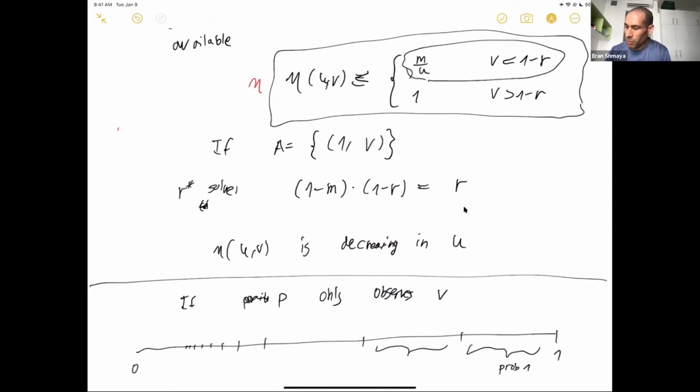In this interval, you accept with probability m. In this interval, you accept with probability m squared. And the intervals are built such that if the agent has projects from this interval, even if he gets the worst possible payoff here and the best possible payoff here, he would still make worst case regret at most R.